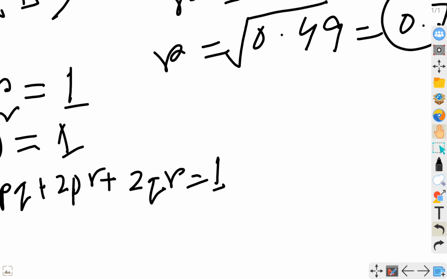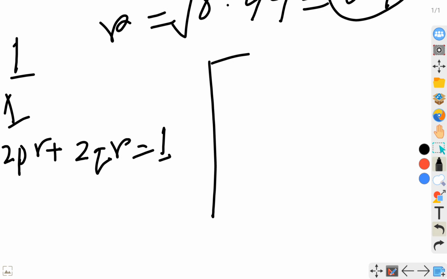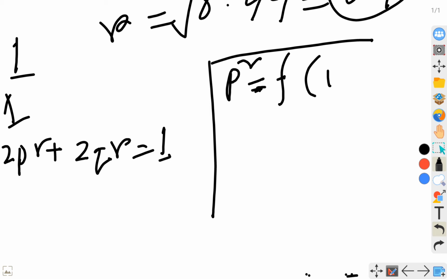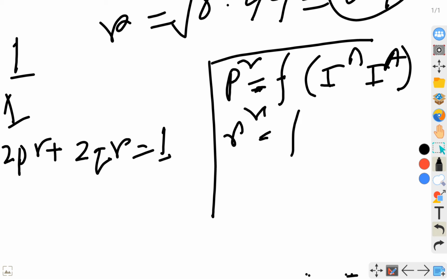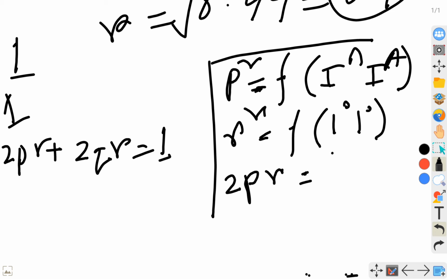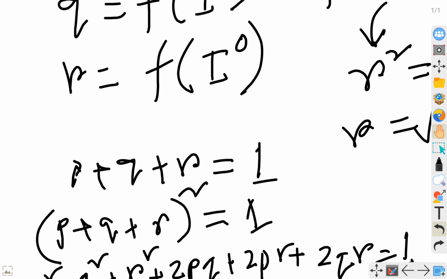Now we may say that the frequency of P square is the genotypic frequency of IA IA, the frequency of R square is the frequency of IO IO, and 2PR is the frequency of IA IO.